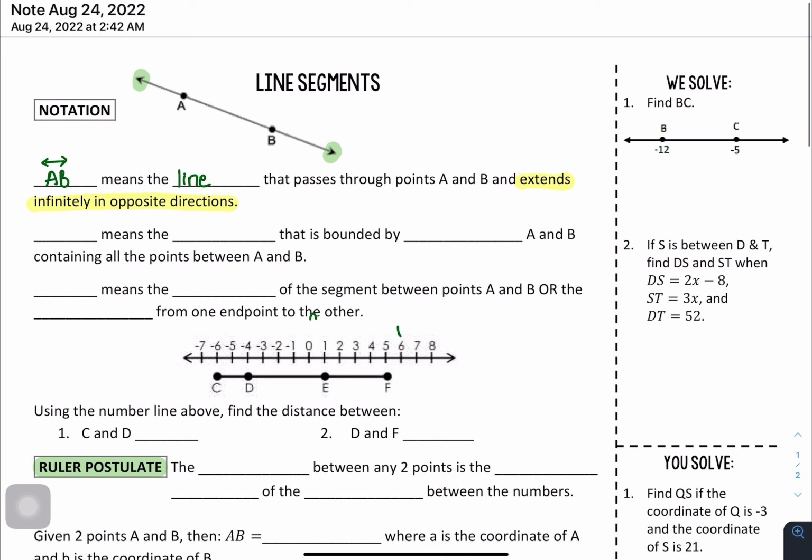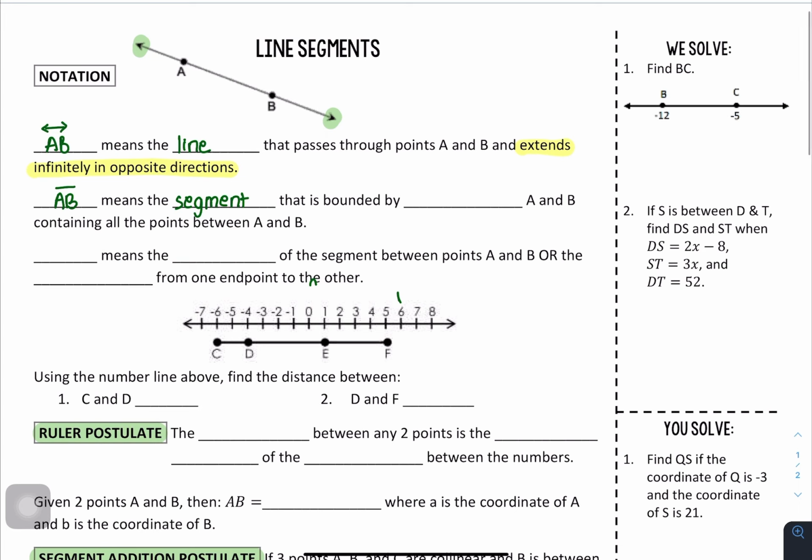Now, how about segment? If we write AB with the bar on top, it means segment. And the segment is bounded by endpoints.